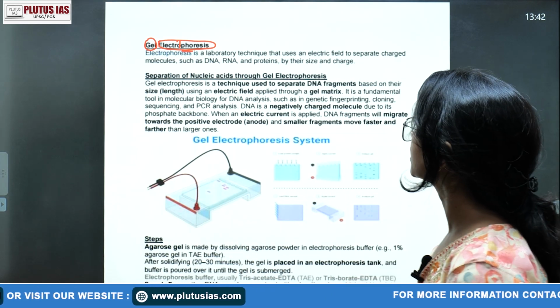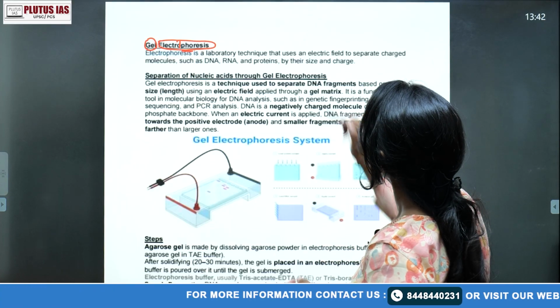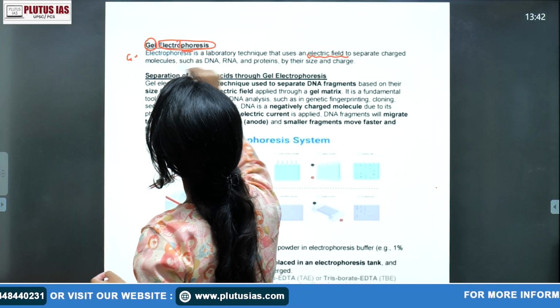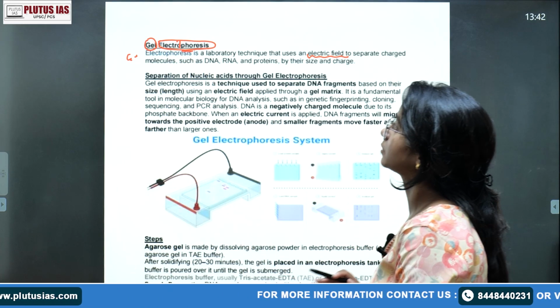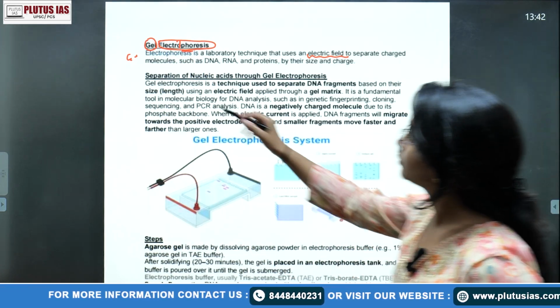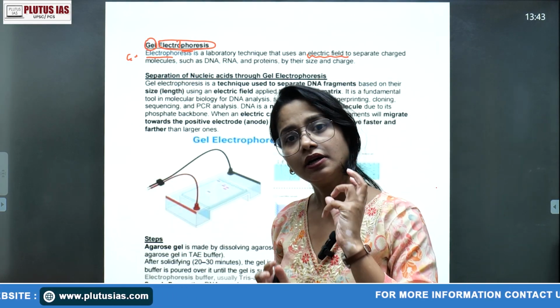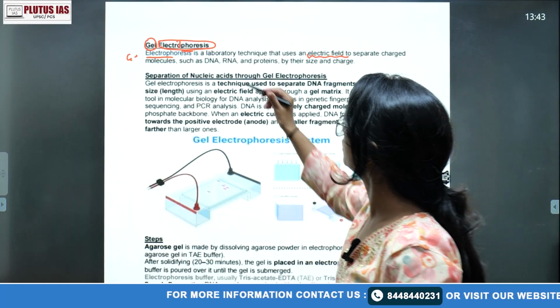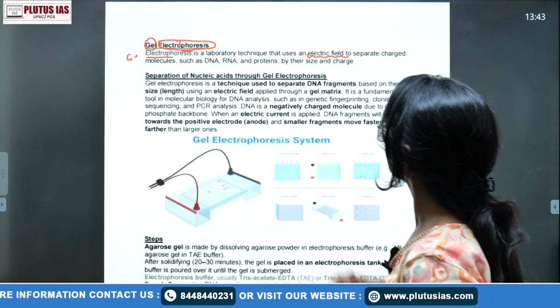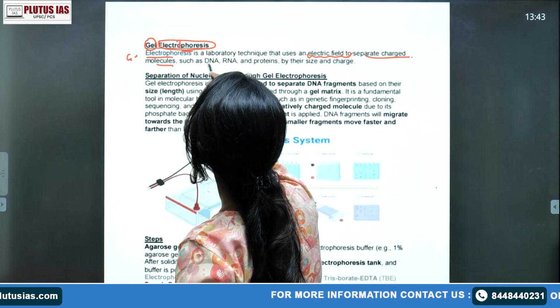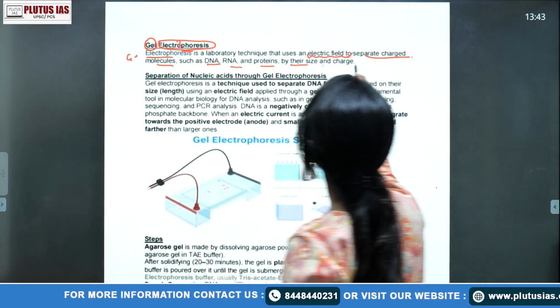Electrophoresis is a laboratory technique that uses an electric field, because here we have not mentioned the gel. Firstly we are only explaining the concept of electrophoresis. If there are electrons, that means we are talking about charges, right? So it is a laboratory technique that uses an electric field to separate charged molecules such as DNA, RNA, and proteins by their size and charge.